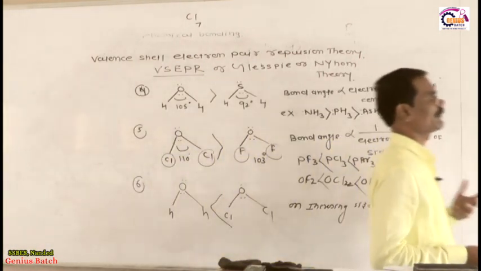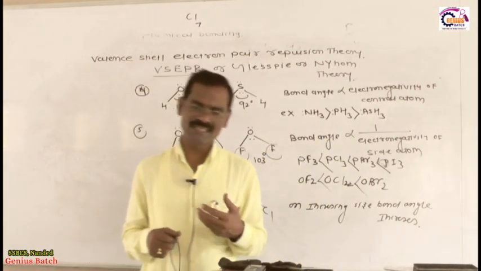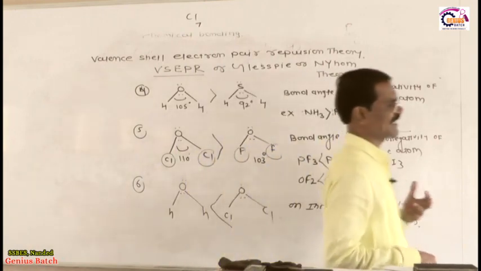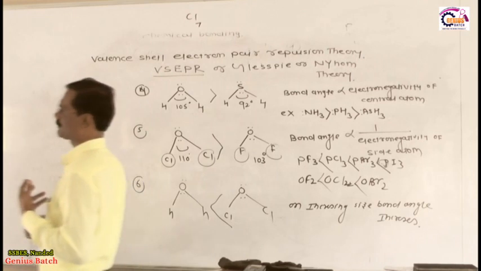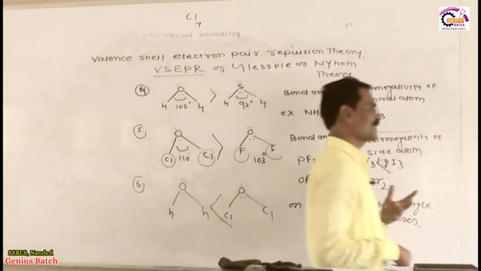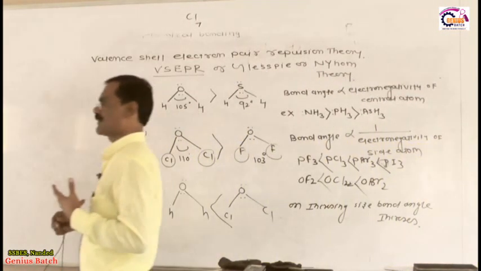How does it become non-zero? We will discuss that in the next video, along with applications of dipole moment, because these points are required for your JEE as well as NEET examinations. I will try to cover all the points related to chemical bonding.